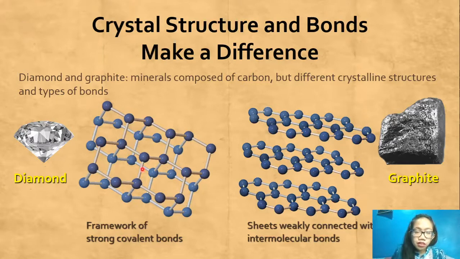As you can see, diamond has strong covalent bonds among its carbon, but unlike graphite, which is more brittle, it forms these sheets. That's why if you break graphite, it follows a cleavage because it can break into these straight planes, unlike diamond, which has strong covalent bonds within.